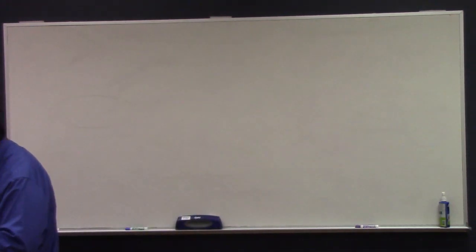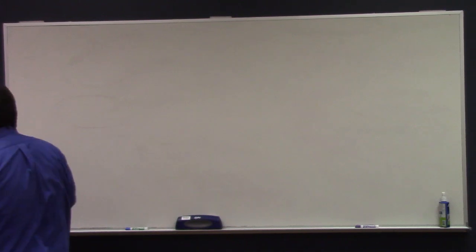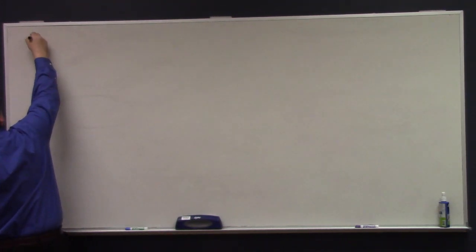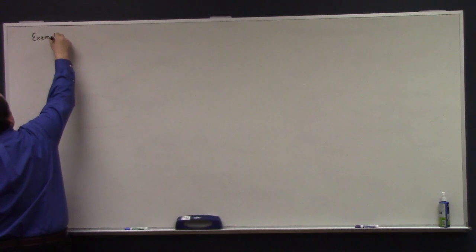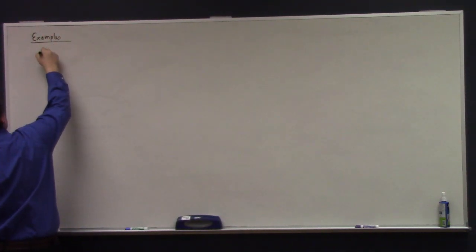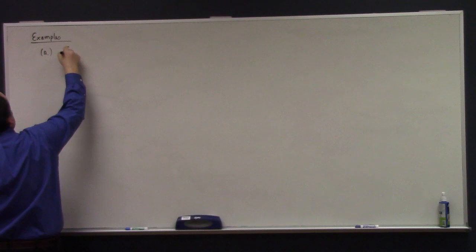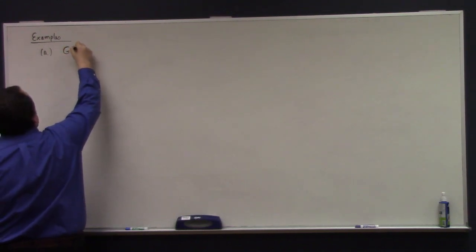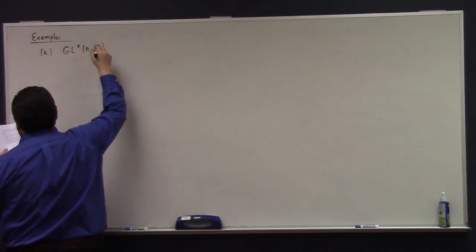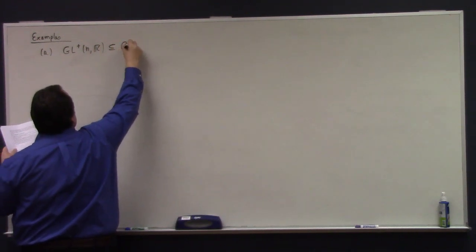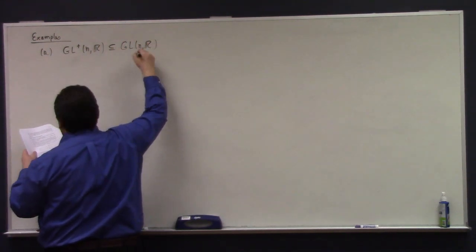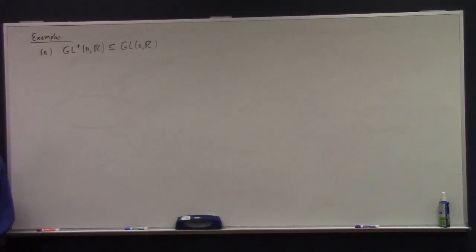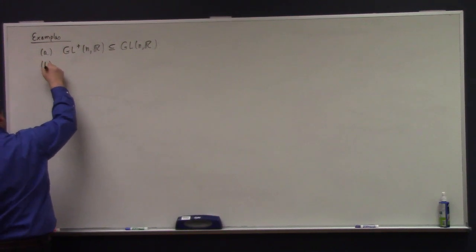Okay, so these examples, let me try to be crisp about these here. A: you've got your GL plus n of R. That's a subset of GL n R. That's an open subgroup, thus an embedded Lie subgroup. B: basically it's going to be our list of examples again.